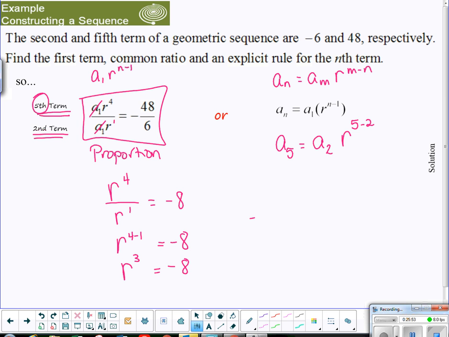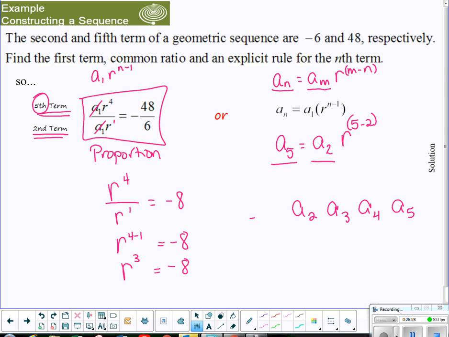We could say that the a sub nth term, what I wanted to finish with, is equal to a starter value that I happen to be given times a ratio raised to m minus n, the number of changes I need to have happen to get me to that term that I'm finishing with. So if I take that approach, I want to finish with the a sub fifth term. I know the a sub second term, and then that would be 5 minus 2, or 3 changes, right, to get me up to an a sub fifth.